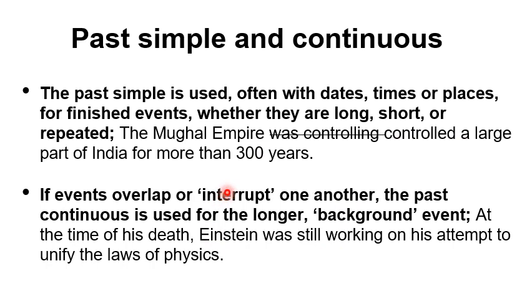Now, if we have two events in the past, and one of them is the background event, and the other one occurred in the middle of it, we need to use the past continuous for the background event and the past simple for the other event which overlaps it.